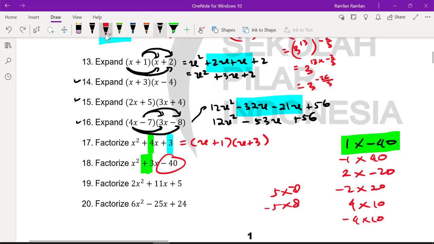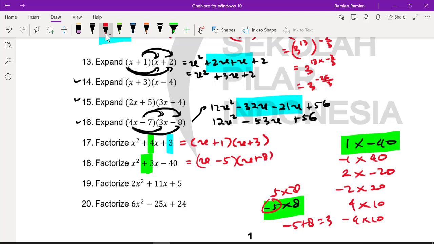If you do it one by one, you will find this guy here: negative 5 and 8 will result in 3, because negative 5 plus 8 equals positive 3. So these two numbers will be the answer. When you write it down, it will be equal to x minus 5 and then x plus 8, right? Negative 5 and 8. Okay, so this is how you do it manually.